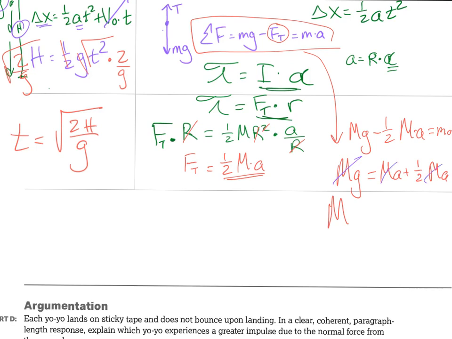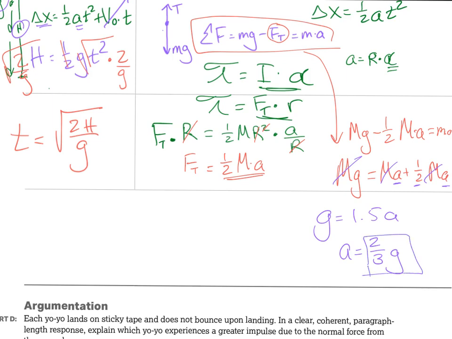So I really just have g is going to equal, if you got 1a plus another 1/2 of an a, you got 1.5a. So a equals 2/3 of g. If you divide each side by 1.5, you end up getting 2/3. So the acceleration of this yo-yo is only 2/3 of the acceleration of gravity.